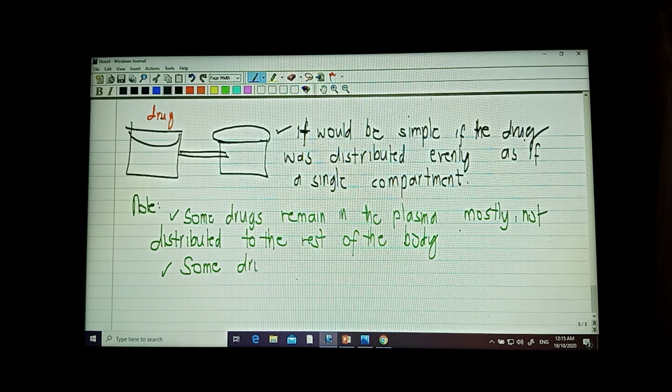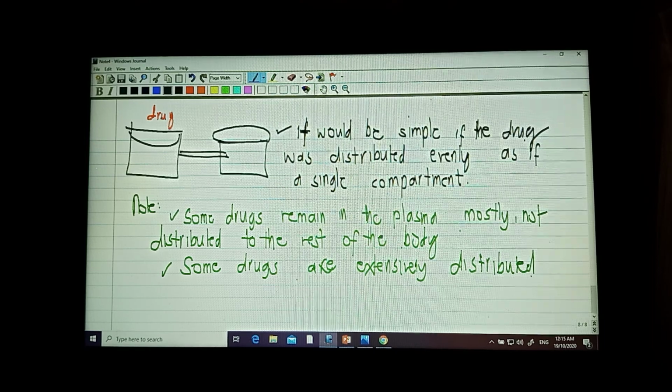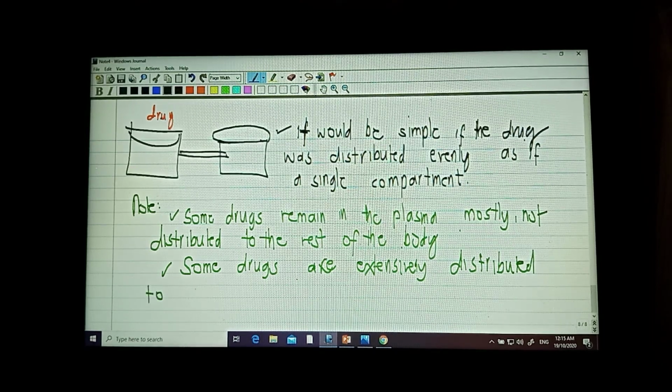Some drugs are extensively distributed to other parts of the body.